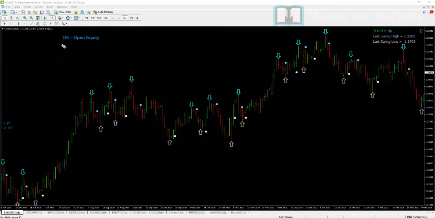Open equity. What is open equity? So we want to look at open equity. Open equity is the point of entry on a run to the maximum point reached.